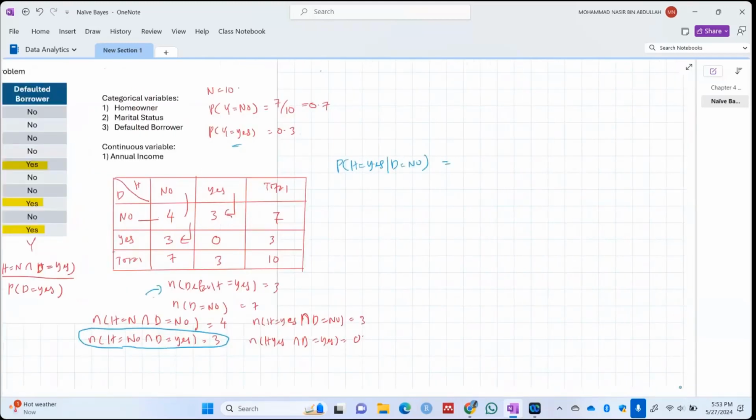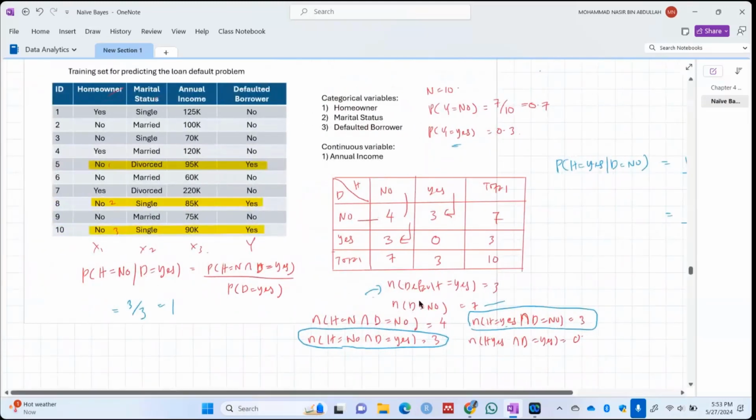This should be probability of H equal to yes, intersect D equal to no, divide by probability of D equal to no. This is the same concept, we just apply it to the data set. So H equal to yes and D equal to no equals 3, and number of no equals 7. So 3/7. Right?